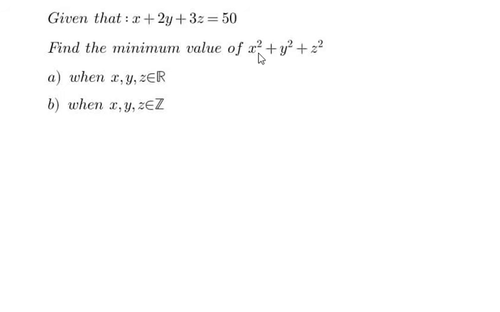If you see x squared plus y squared plus z squared, that's about the distance between O and the location of coordinates x, y, z in here. So we put about 50 in here, and this is about the plane in here.